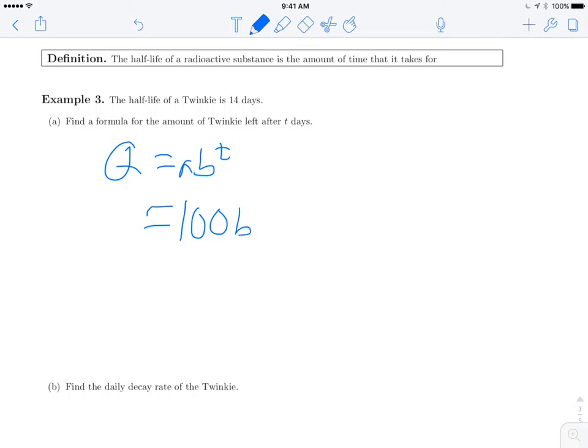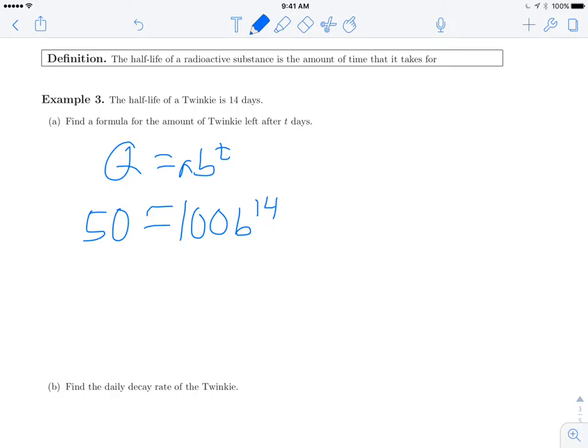We don't know what B is, but we do know that this has lasted for 14 days, and after 14 days there's only half of it left. So if we can figure out B, then we're going to be on our way to finding a formula.